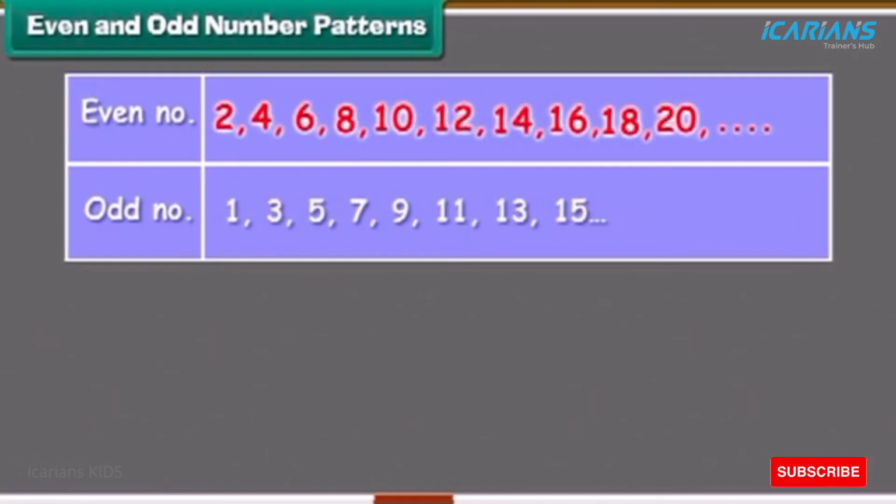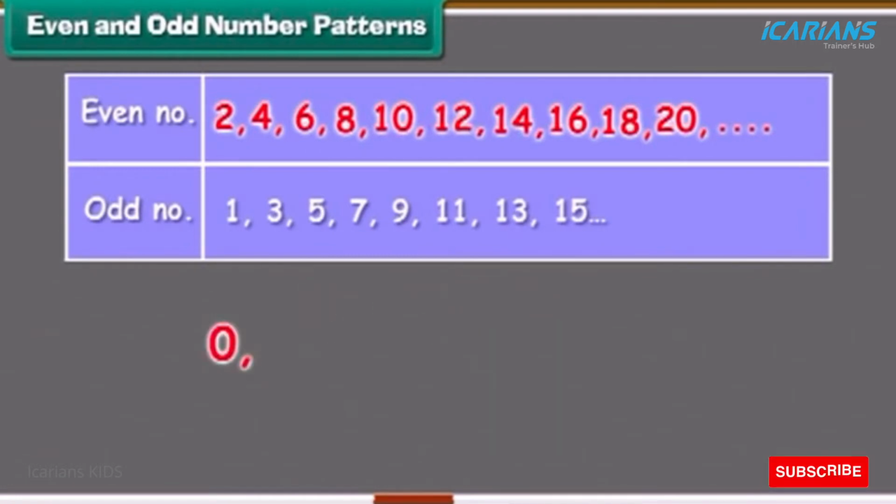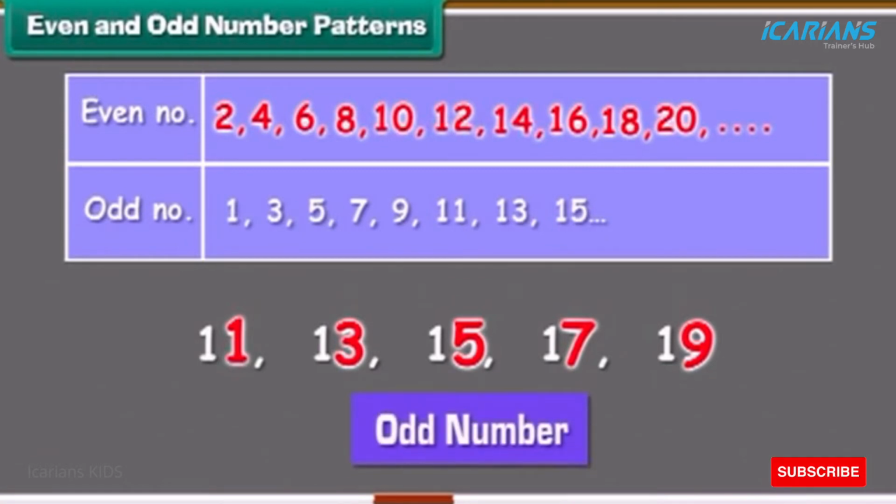The first series are called even numbers. Even numbers are divisible by 2 and end with 0, 2, 4, 6, and 8. The numbers ending with 1, 3, 5, 7, and 9 are called odd numbers. Both in even and odd numbers, we skip count by 2s.